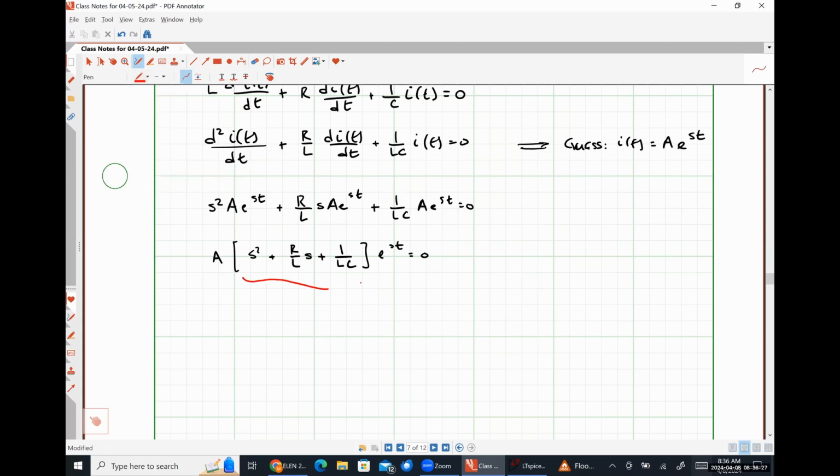And once again, we have a characteristic equation that is a second order polynomial.